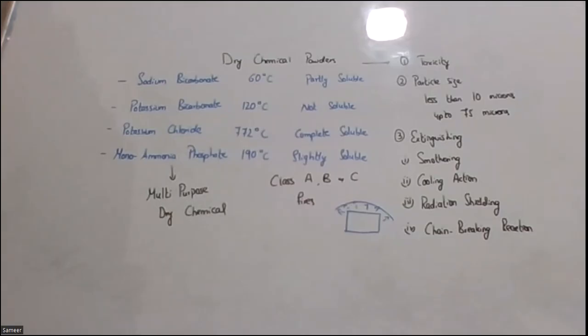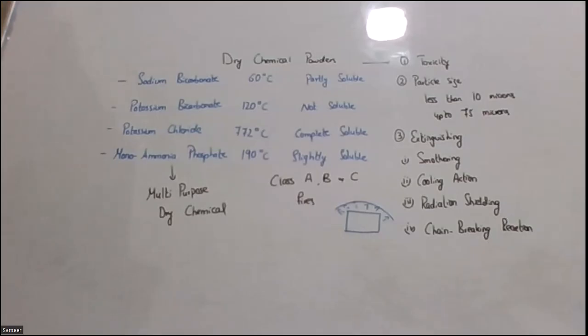It means any type of reactive chemicals we can apply dry chemical powders on effectively, but not on reactive metals. And why? Because reactive metals also require chain breaking reaction, but dry chemical powders cannot be applied on reactive metals.